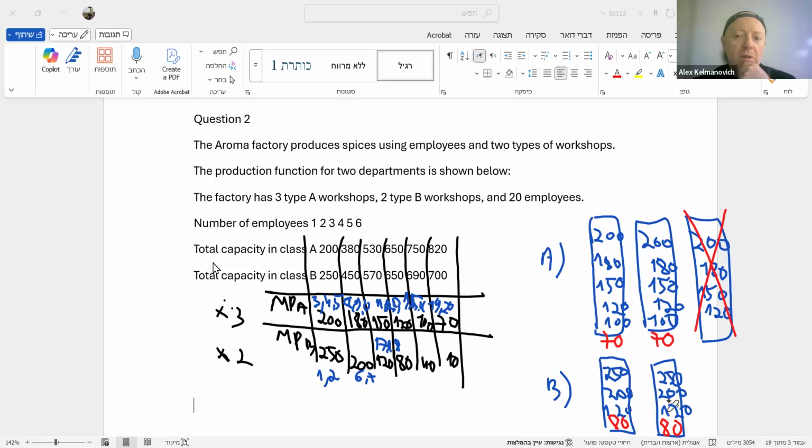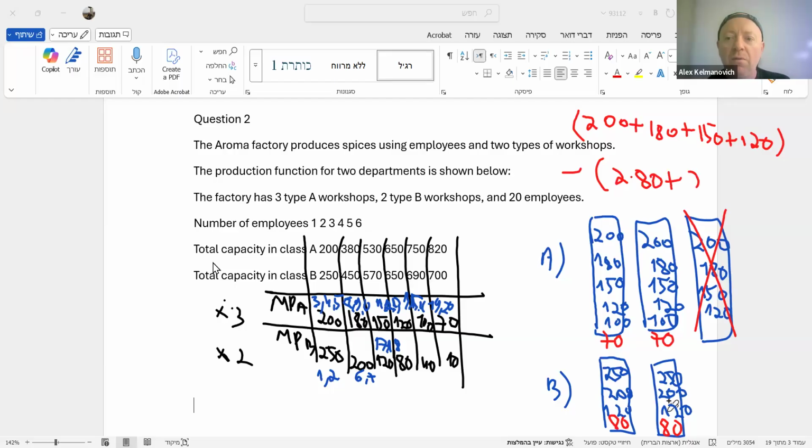Okay. So what is the difference? In the original we had 200 plus 180, 150 and 120, minus 2 of 80 and 2 of 70.